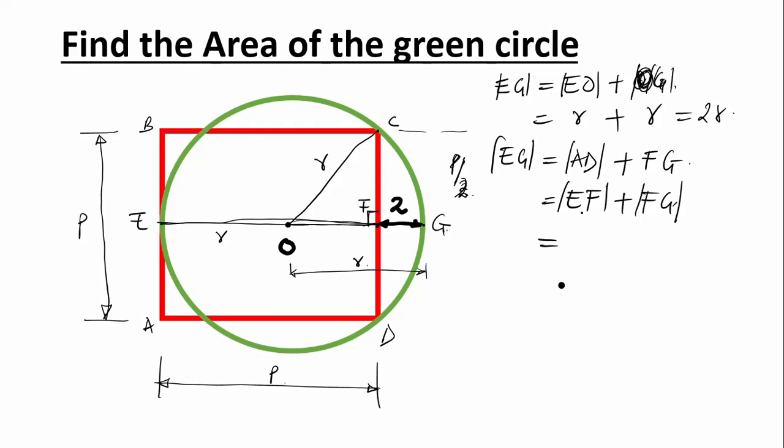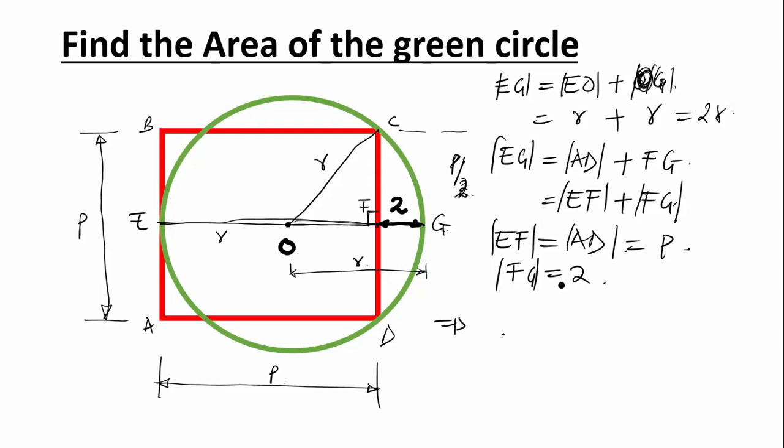So EF is equal to AD, which is equal to P, and FG is equal to what? 2.